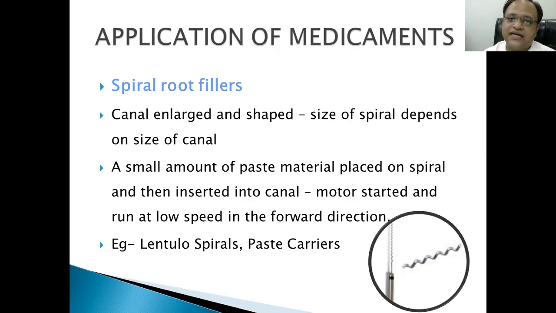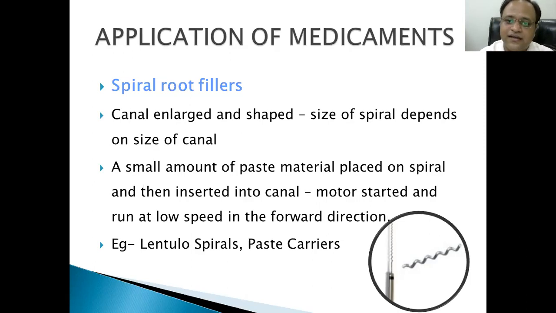The motor is started at low speed of around 500 to 600, or a recommended spiral speed has to be used along with the product. To be clear on this point, different companies make different spirals. That means some companies make lentulo spirals, some companies make paste carriers.